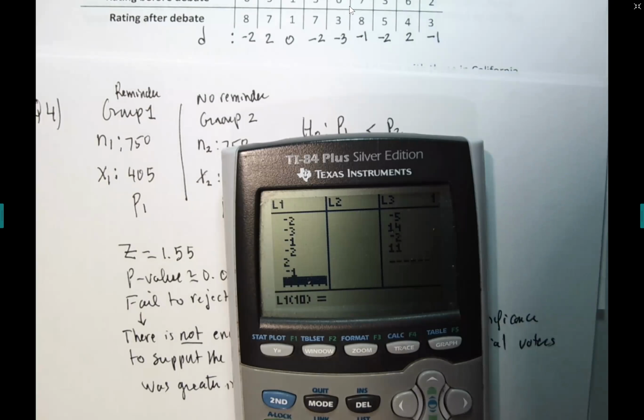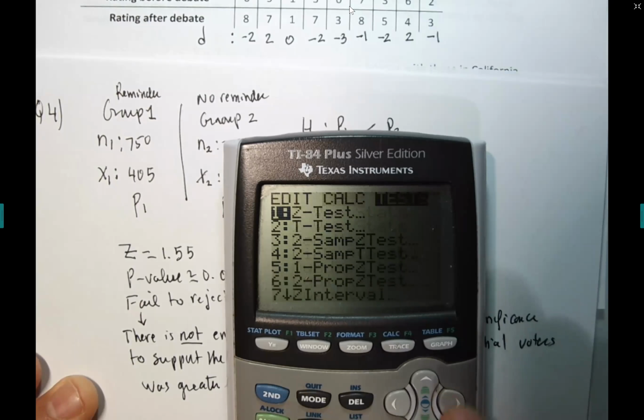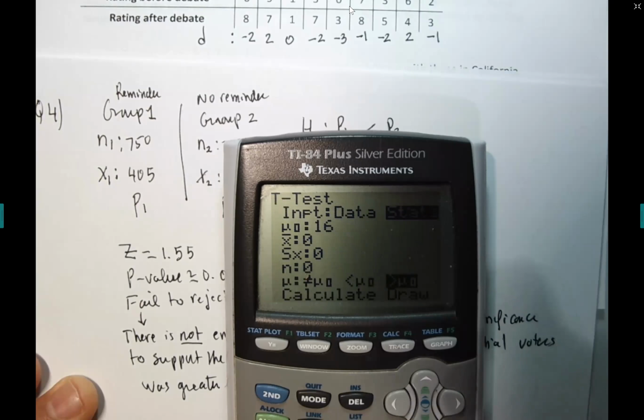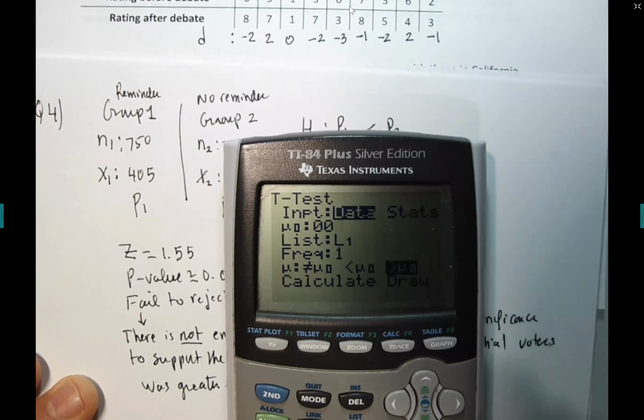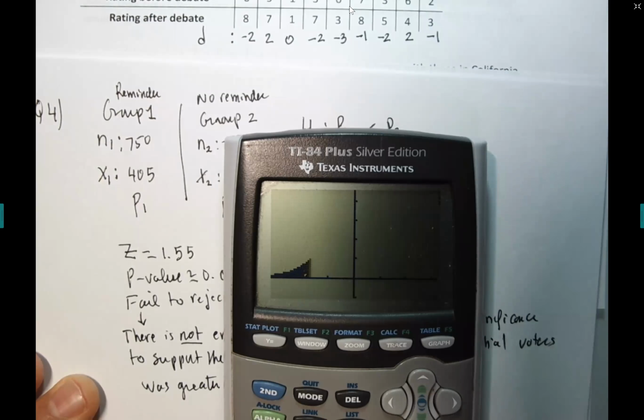That's all. Okay, so we're going to go, guys, to stat, tests, t-test. Data against 0. Remember, don't forget to change this one to 0 when you do section 8.3. It's always against 0. My list is in L1, not equal to, and then I'm going to do a draw for you guys. Oh, too much p-value here. So we're going to fail to reject H0, of course.